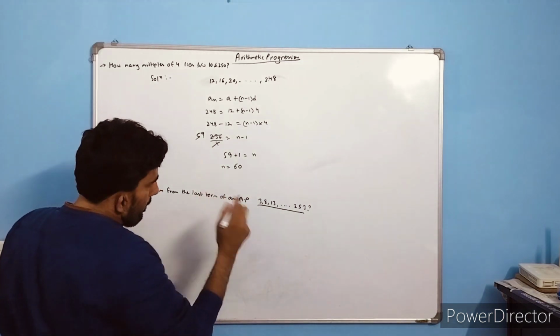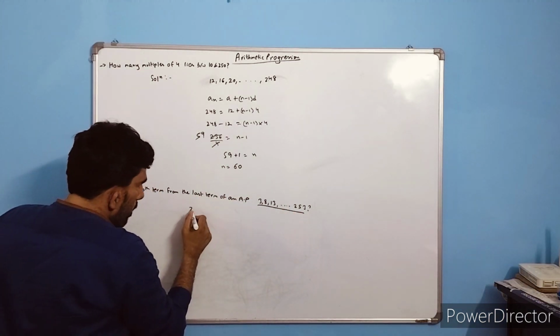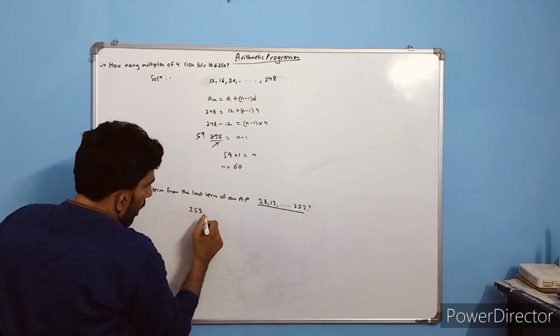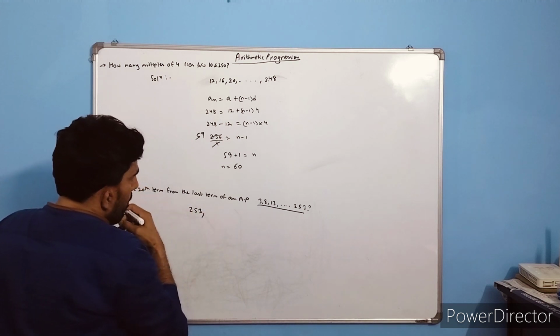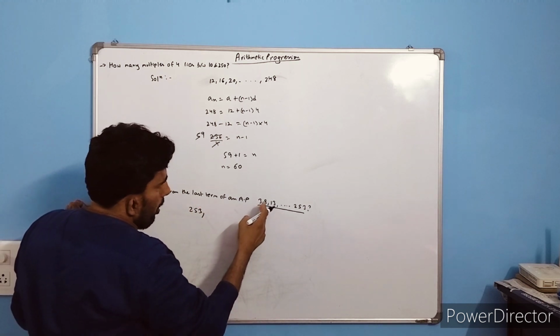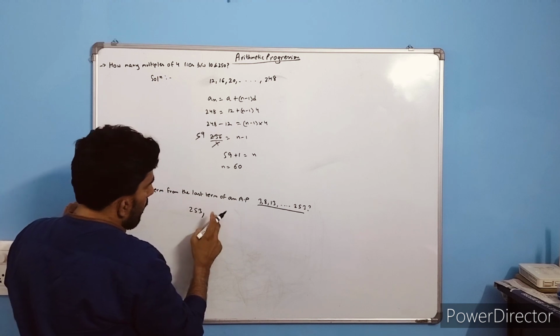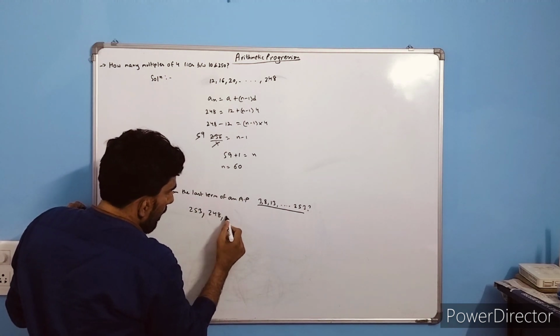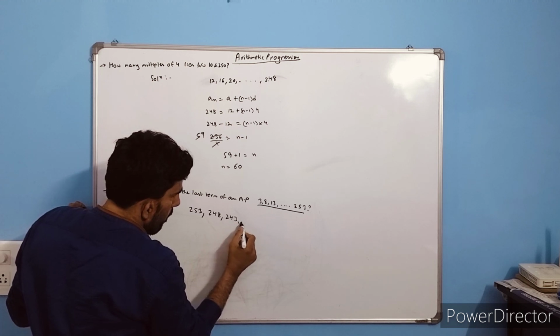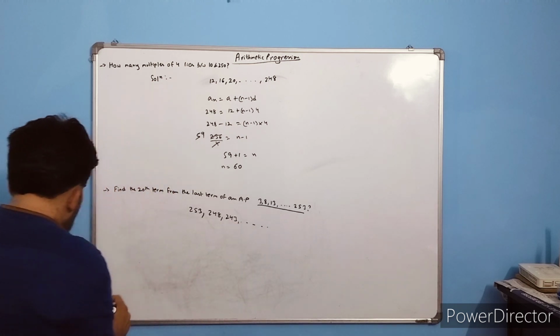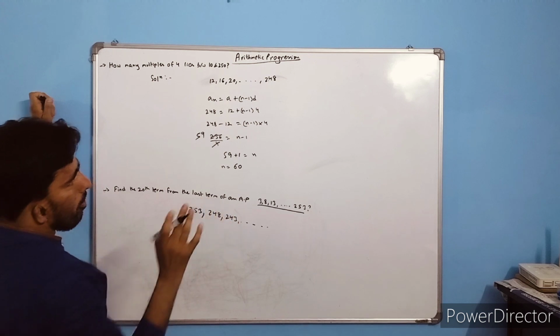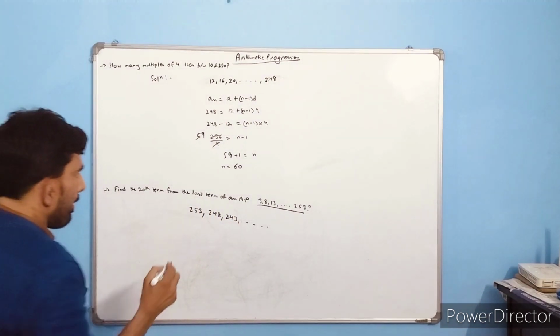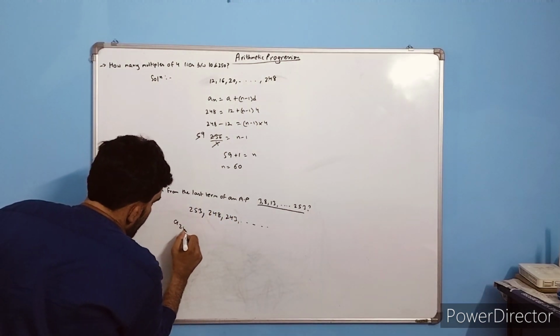So it means our first term A will be 253. Then we need to reduce by 5, so we get 248 and 243, like this. Now from this sequence we'll find the 20th term, that is A20.